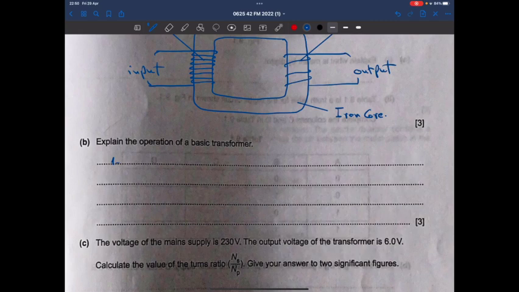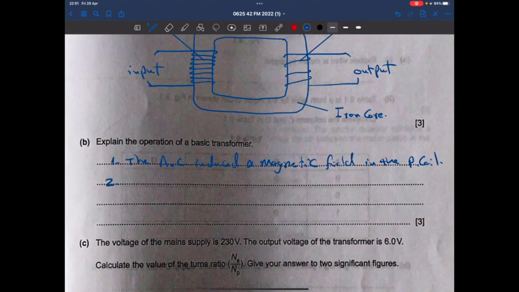So number 1 here, the alternating current or the AC induced a magnetic field in the primary coil.